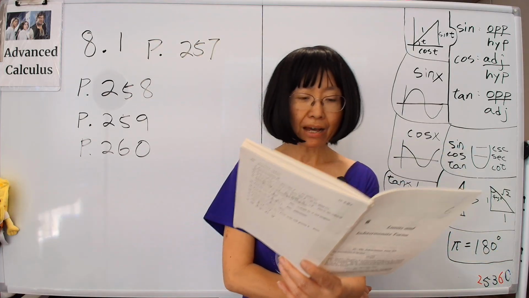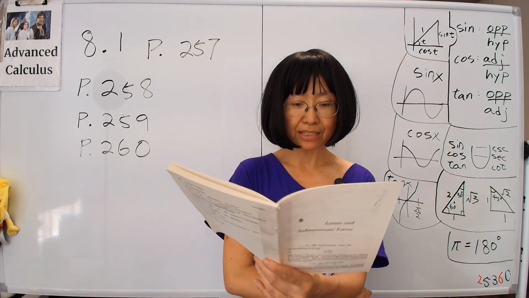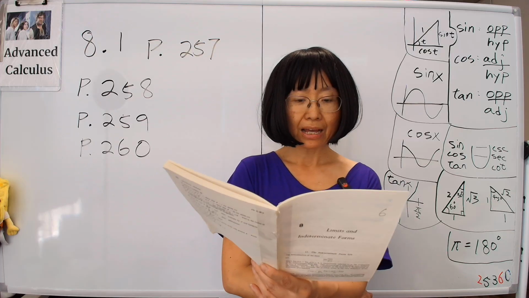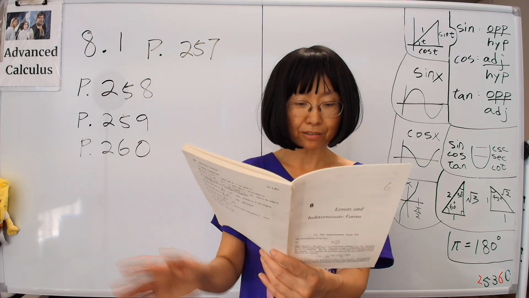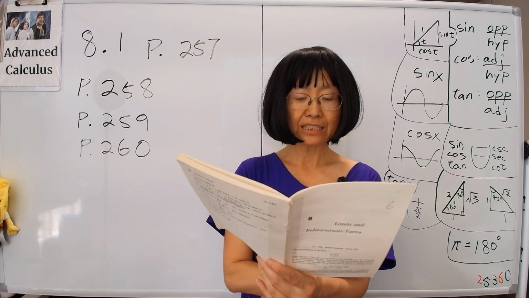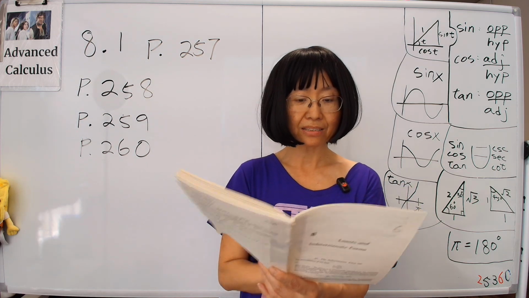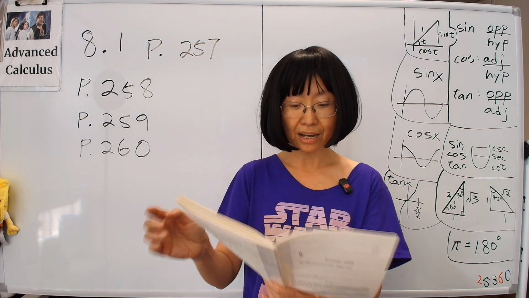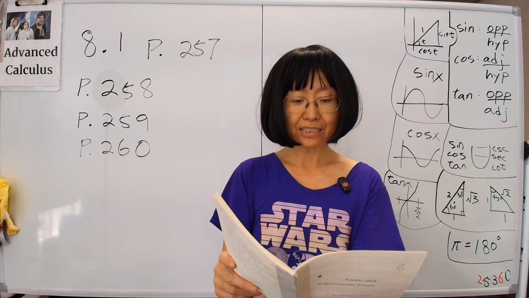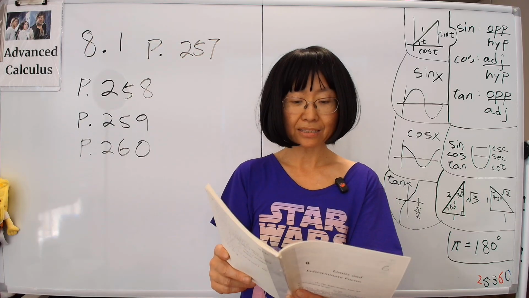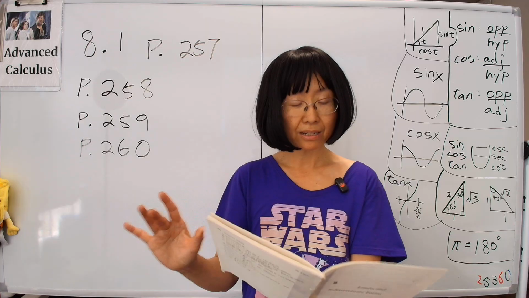Theorem 3: f of x and g of x are in C1, f of c and g of c are both 0, so we have a 0 over 0 situation, and g prime of x is not 0 when x is not c. That's an important part: g prime is not 0 as long as x is not c on the entire interval.